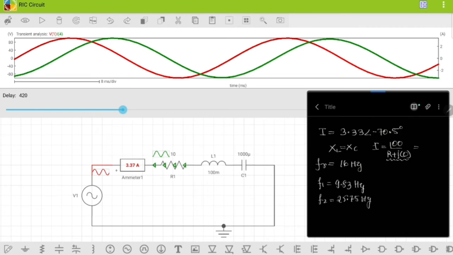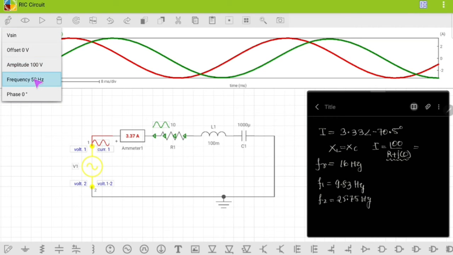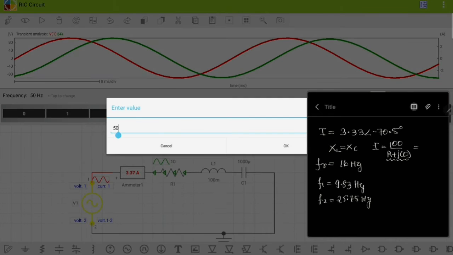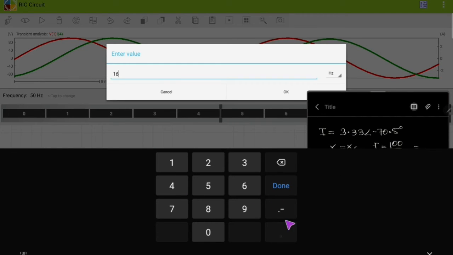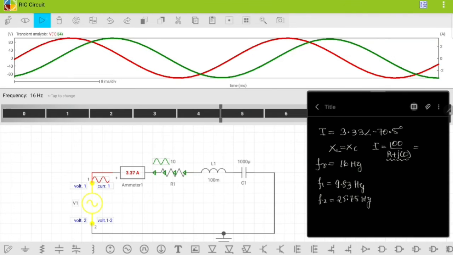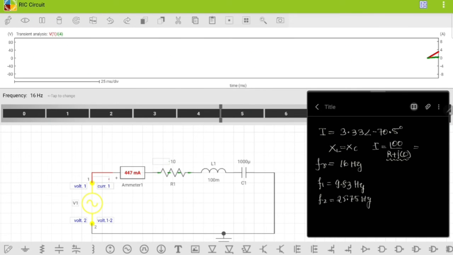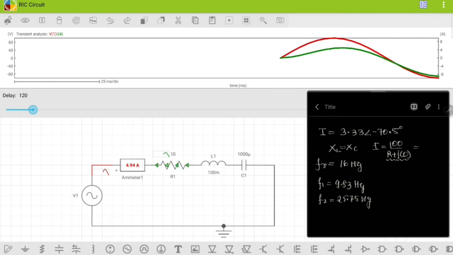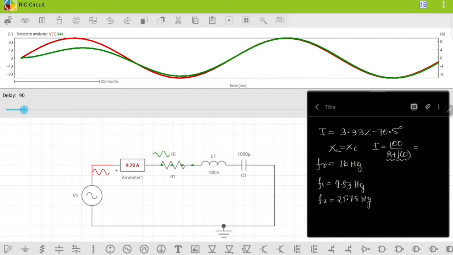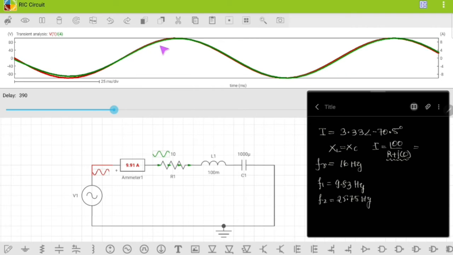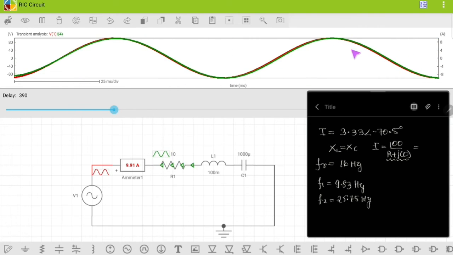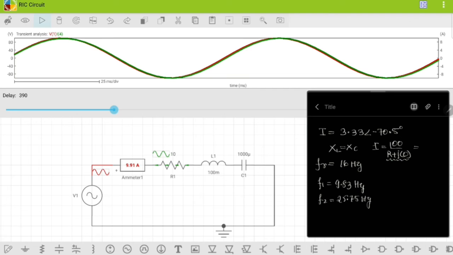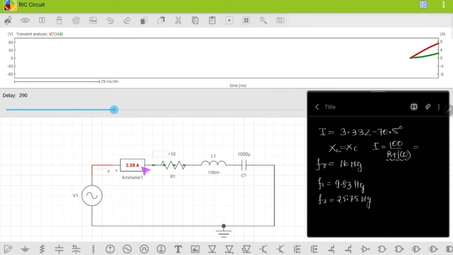See, if I change the frequency to 16 Hz and if I run this, see, there is no phase difference between voltage and current, right? And what value of current did we get here?